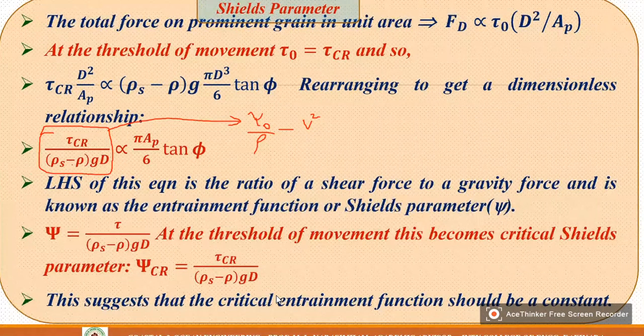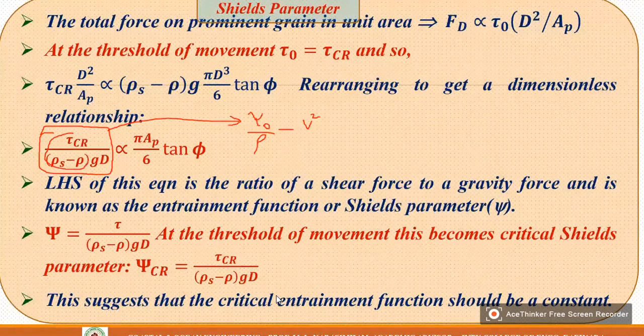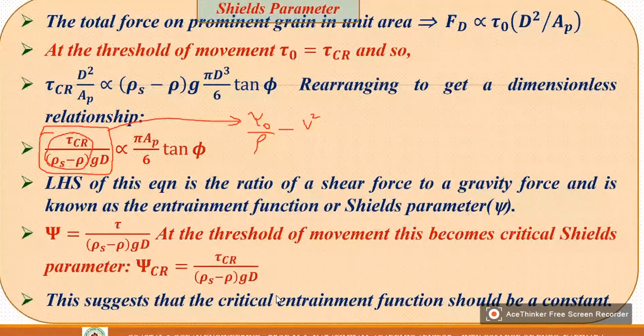So if you look at this, this is shear stress divided by rho. So this part will have the dimensions of square of the velocity, right? Have you followed?